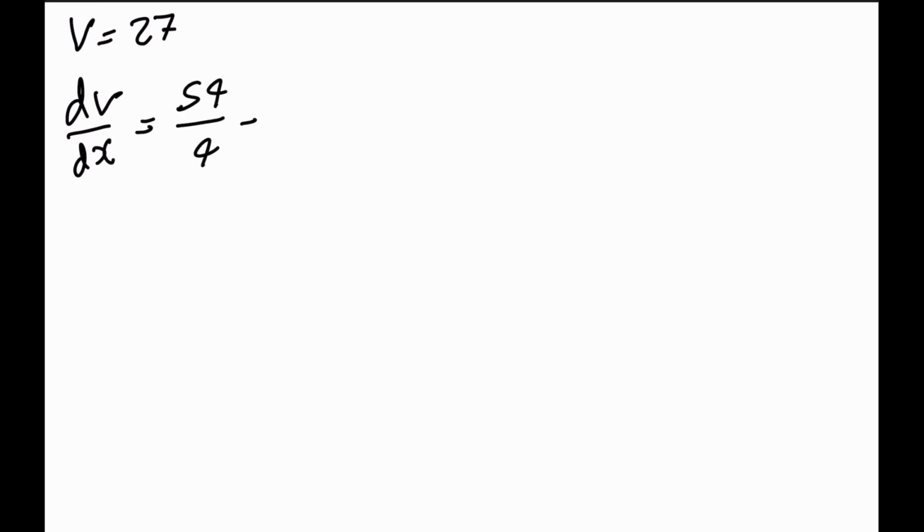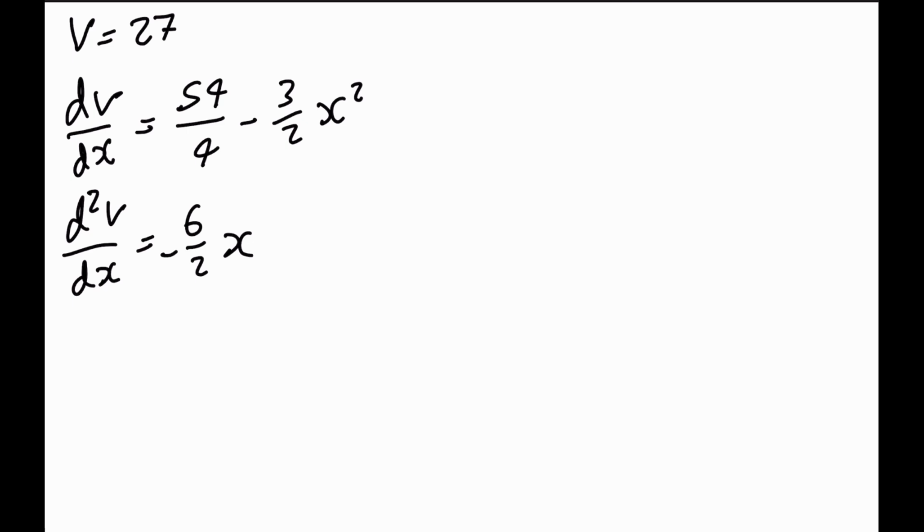Now, what we would do to check if it's a maximum, we would do the second derivative. So we know that our v is equal to 27, and our dv over dx was equal to 54 over 4 minus 3 over 2 x squared. If we differentiate this one more time, the 54 over 4 will disappear, and we'll be left with minus 6 over 2 x, which is equal to minus 3x.